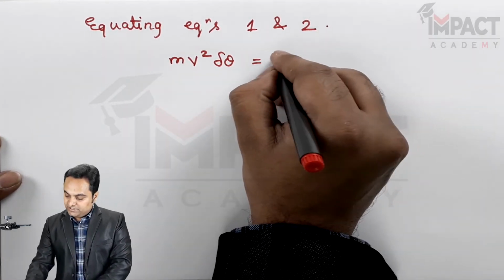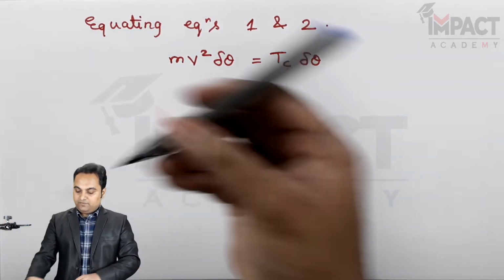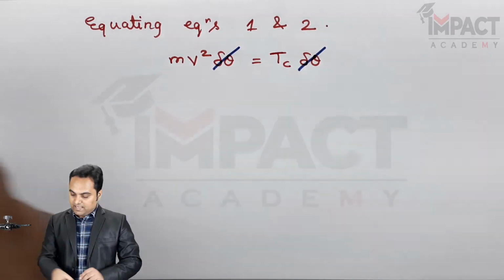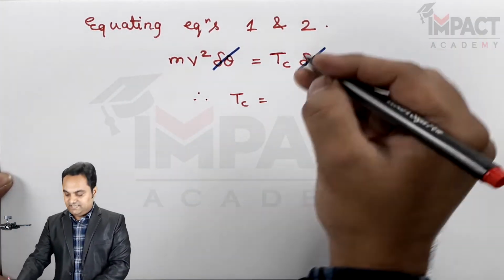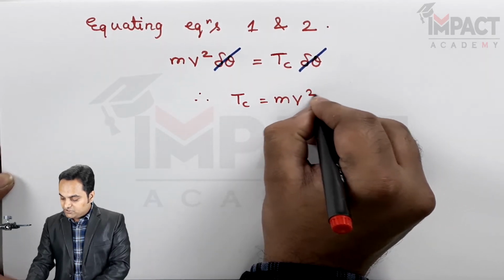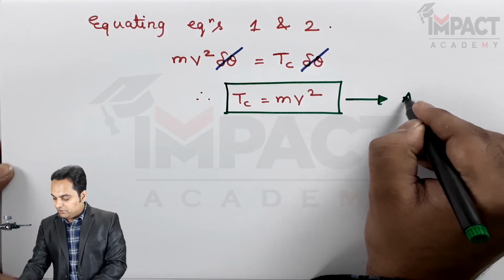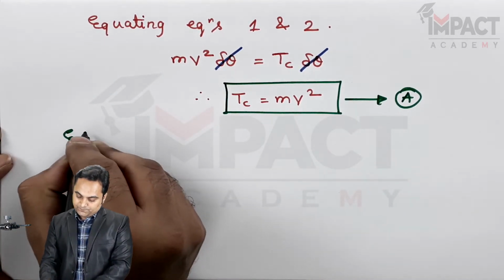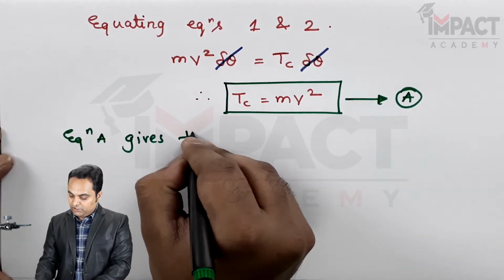In equation 2 it is Tc delta theta, and from both the sides delta theta are going to get cancelled out, and we are remaining here with the formula of Tc is equal to mv square. This I am calling it as equation A.